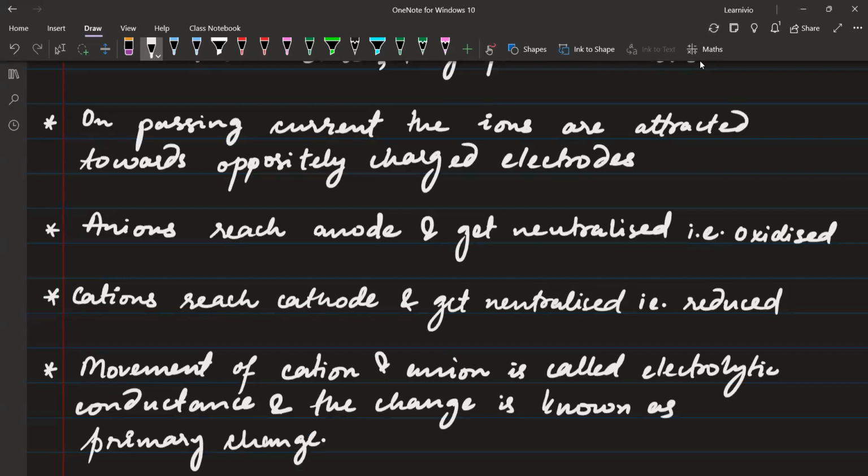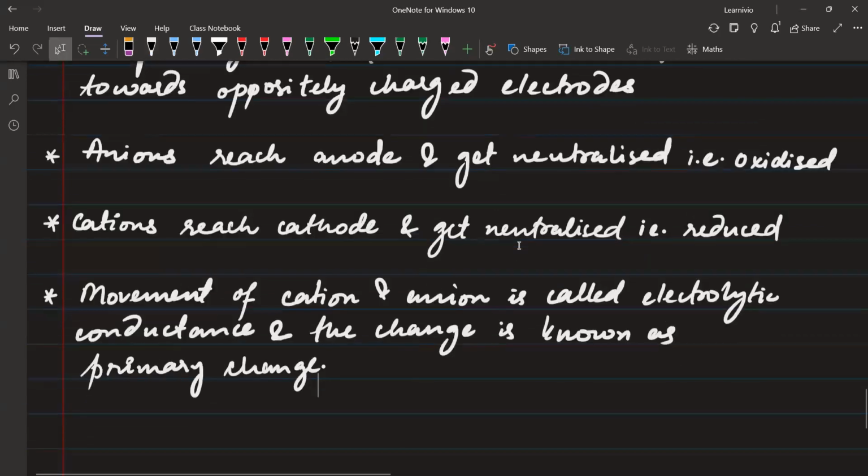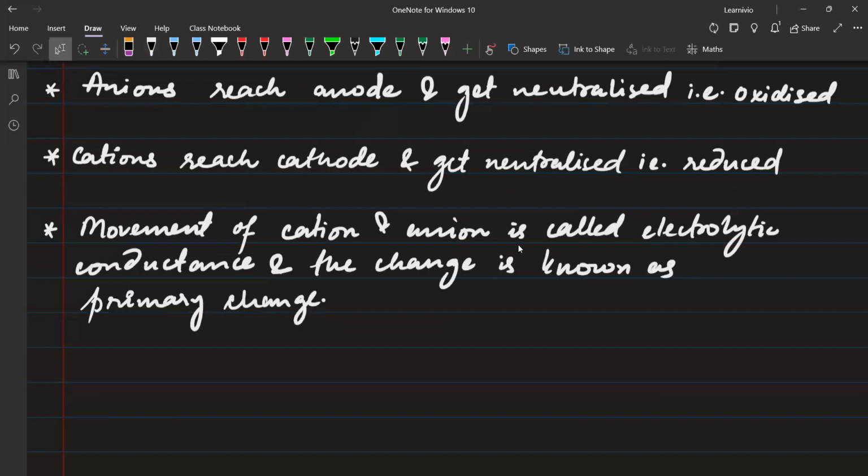This Na positive will get converted to Na, that is the primary change. That is the last point regarding the electrolytic cell.